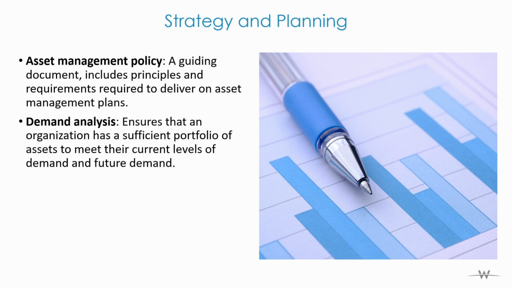We don't want our policy to go outside of our objectives. That policy is a guiding document, basically. It's a document that defines our principles and mandated requirements for our asset management strategy, right? And how we are going to deliver on our asset management plans.